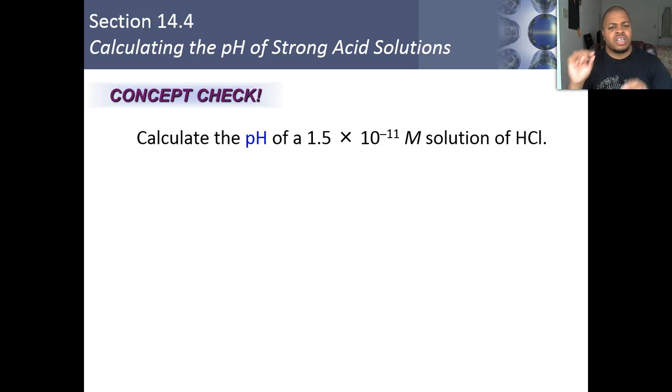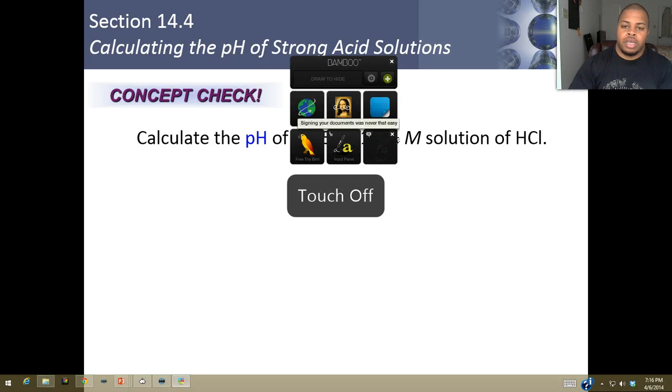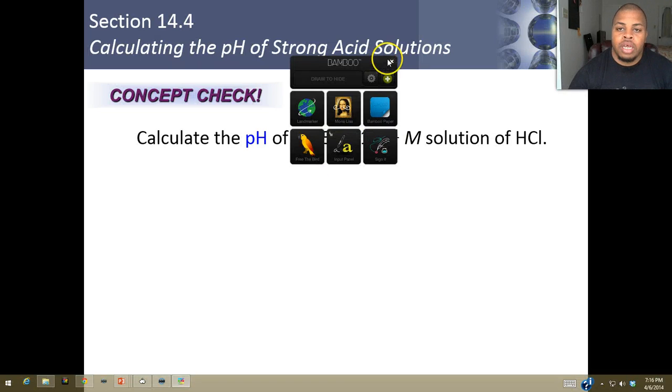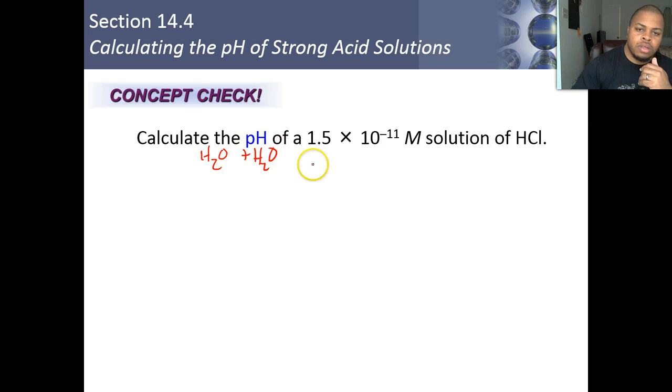And we know that HCl itself is not a basic solution. So we have to look at what the other reaction is that's in play. The other reaction that we have in play is also going to be H2O plus H2O yielding H3O+ and OH−.